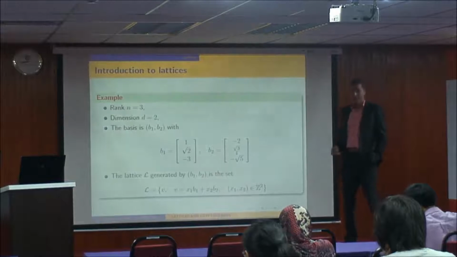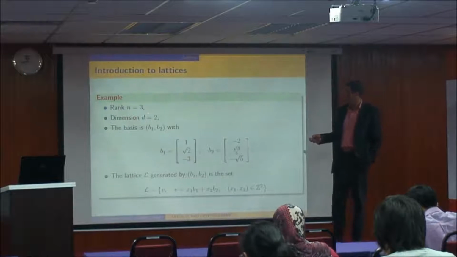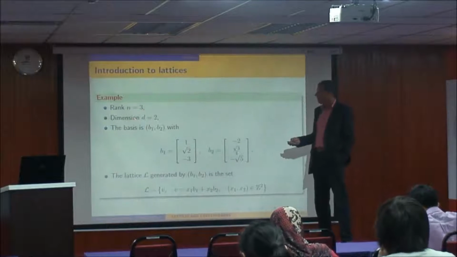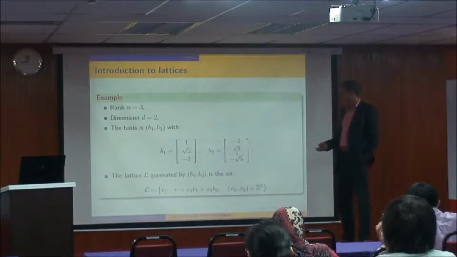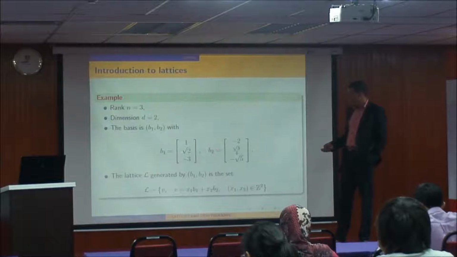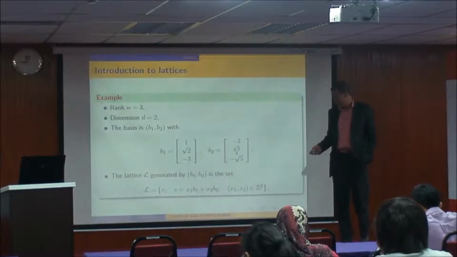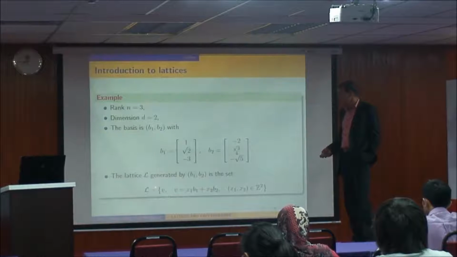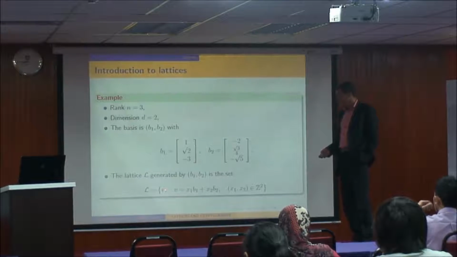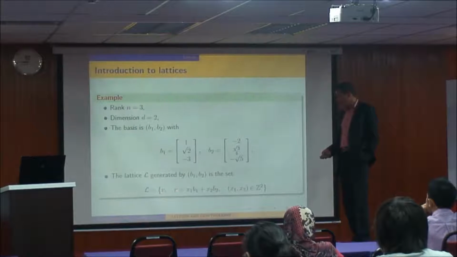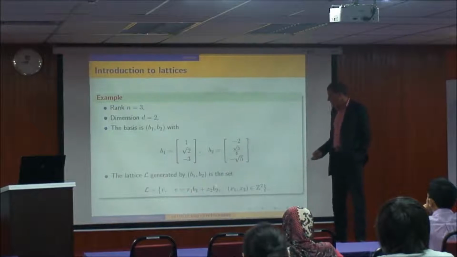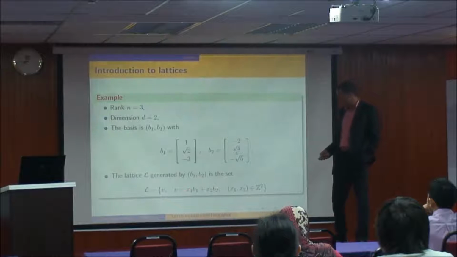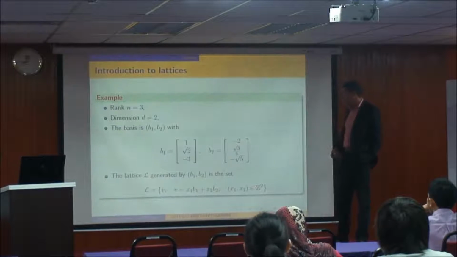For example, if we take n equal 3 and the dimension equals 2, then the vectors b1 and b2 will give a lattice, and this lattice is the set of vectors b such that b is a linear combination of b1 and b2, where x1 and x2 are integers.